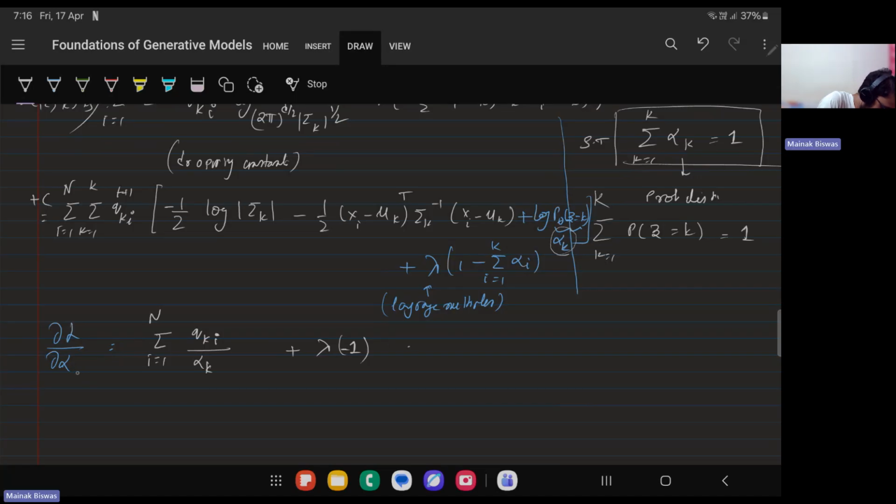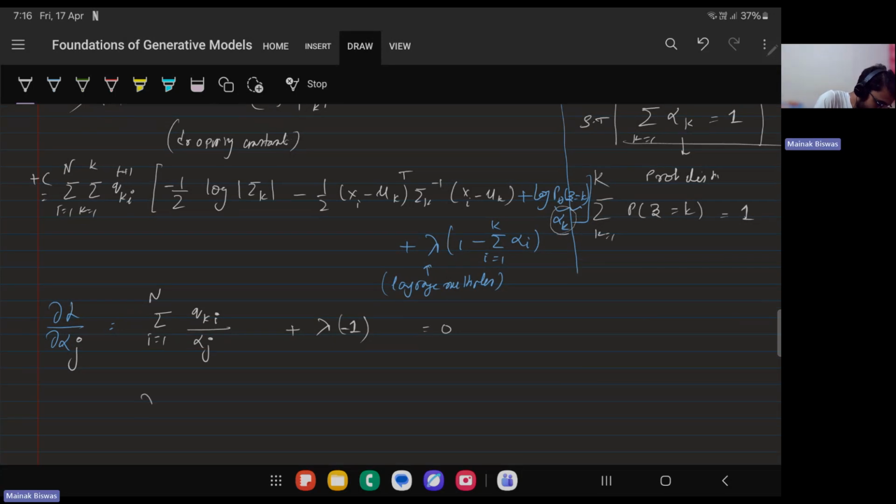I'll just put j for your convenience. If I put j, only the jth term becomes 1, the rest are all 0. So your lambda is equal to the summation of q ki.